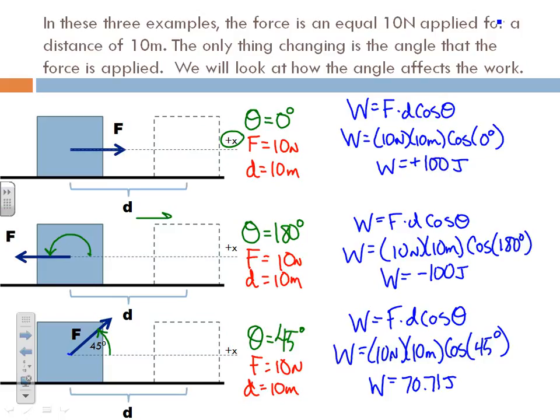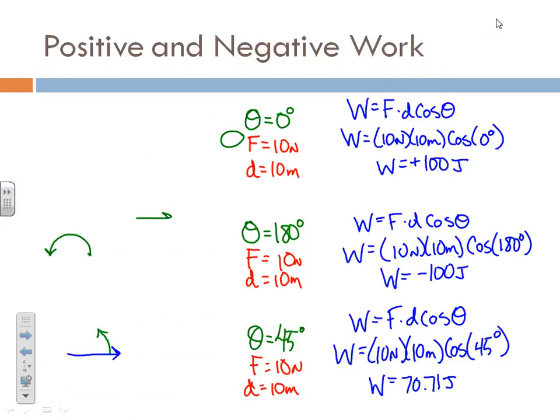In the last one, it's only this force right here that's actually parallel. So just the x component of that force is actually doing any work. So in this case, only the x component of that force is going to actually do 70.71 joules worth of work, and so we're going to actually increase our energy by 70.71 joules.